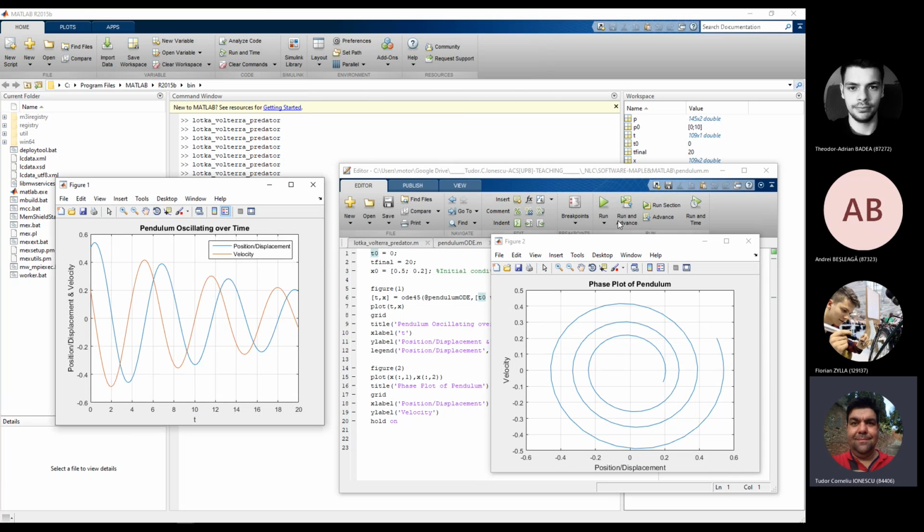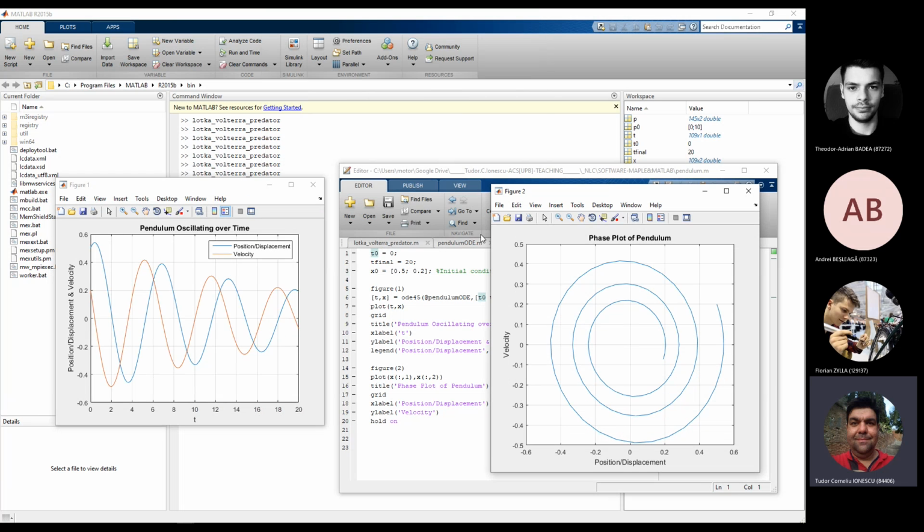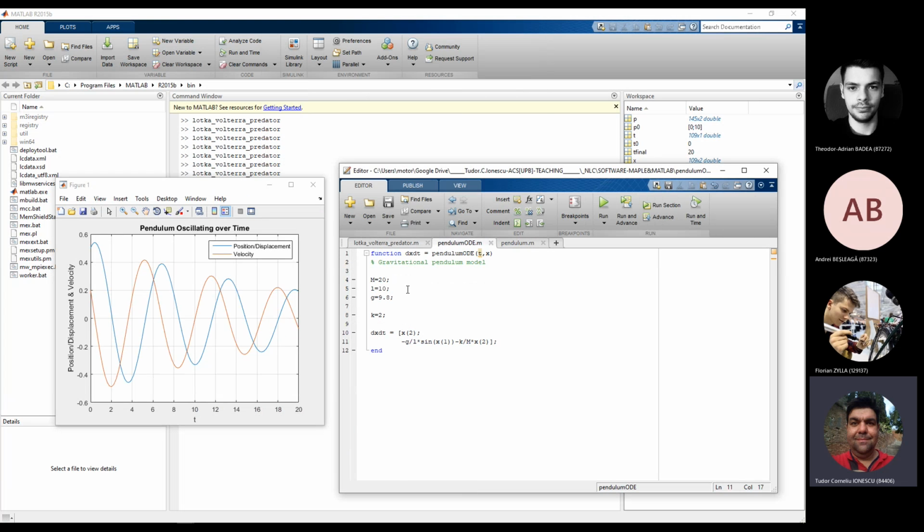Well, look at the simulation. So if we have friction coefficient K equal to 2, the position and the velocity are both of harmonic behavior, with a phase difference. And it's slowly dying out.